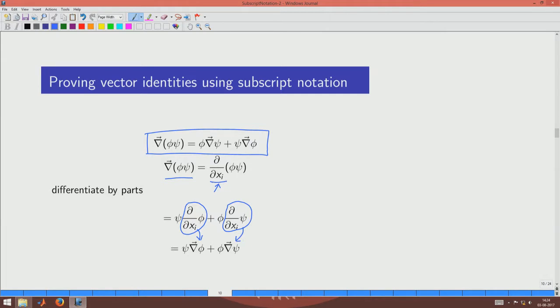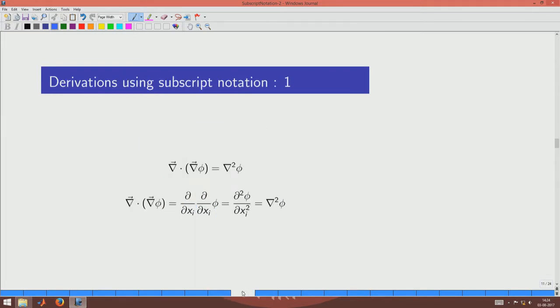So, we can see that in one step we can actually derive this. Of course, there is not much complication in this kind of derivation, but you can see that the subscript notation can be used to reduce the algebra. If you were to prove this by using different components of the nabla operator, then the algebra would be a lot more.